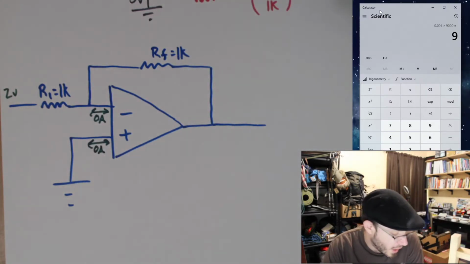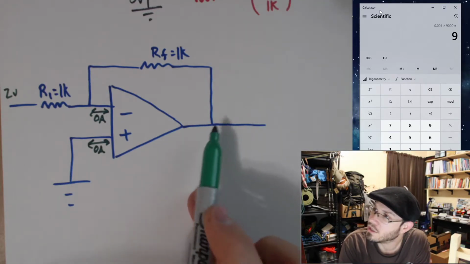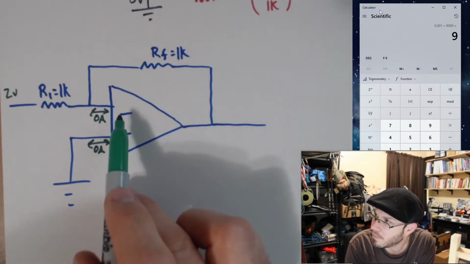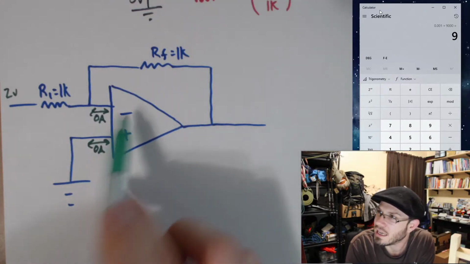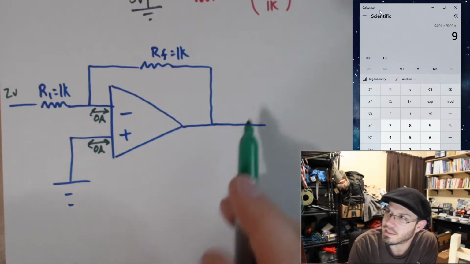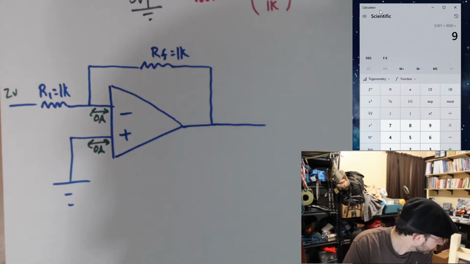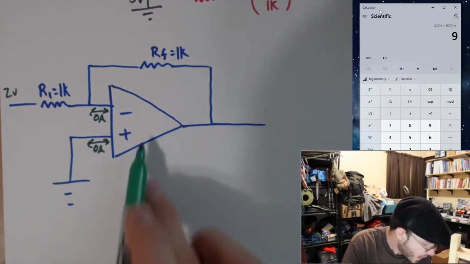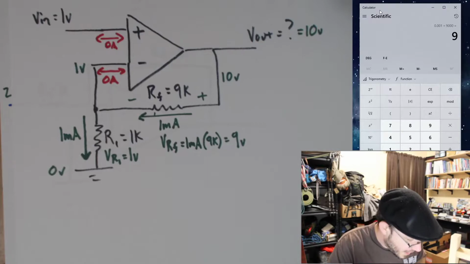Rule number 2, op amp. Let's see, do we have a closed loop? Absolutely. We have a connection from V out back to our inverting input here. In the previous example, we had the output tied back to the inverting input as well.